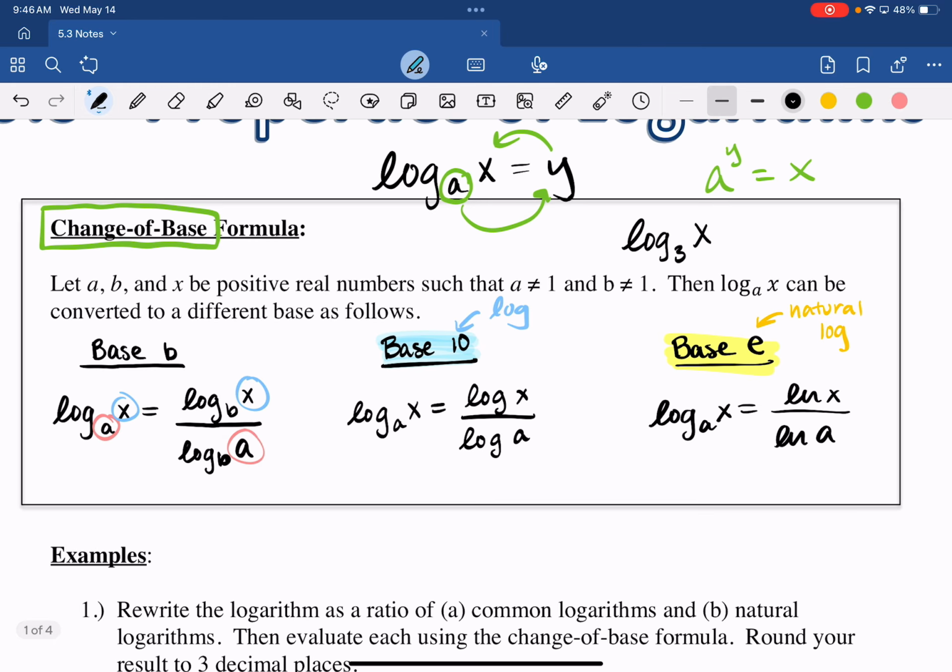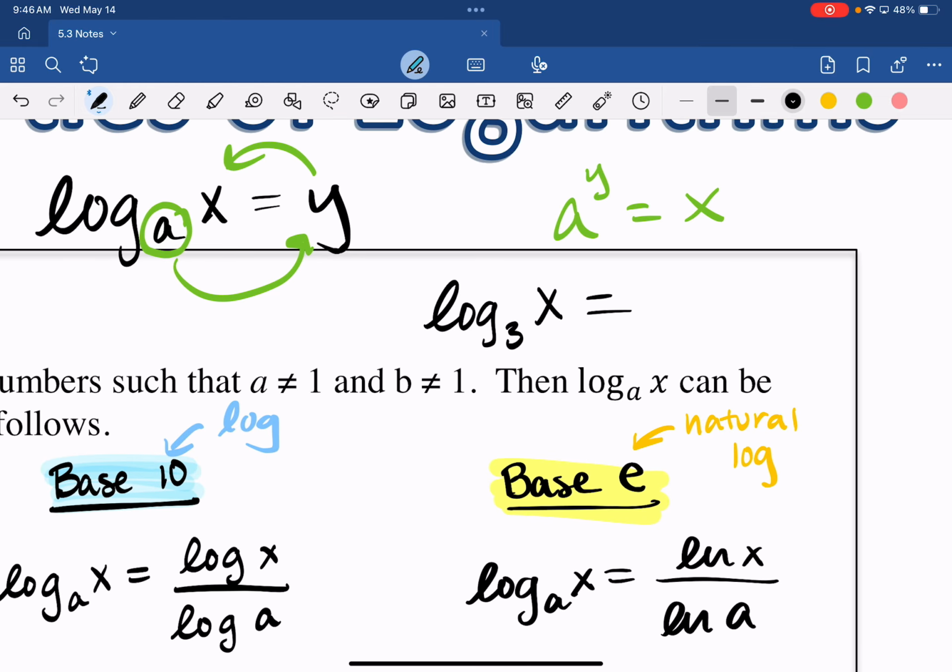Okay? So for example, I could make this up top. I could change it to be common log, where I put my base in the denominator and my x in the numerator. Or I could make it natural log. Okay?